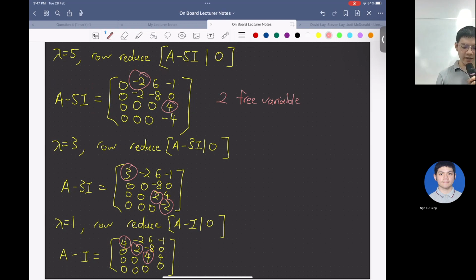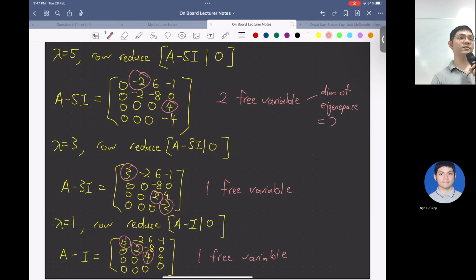A minus 3I has 1 free variable. And similarly for A minus I, 1 free variable. So 2 free variables means the dimension of the eigenspace is 2.